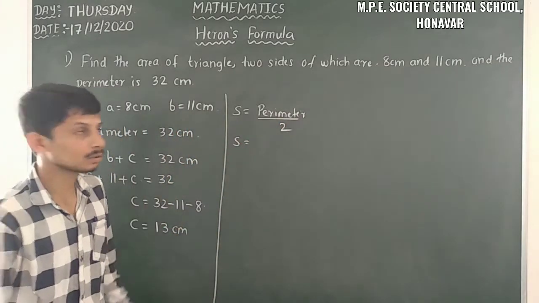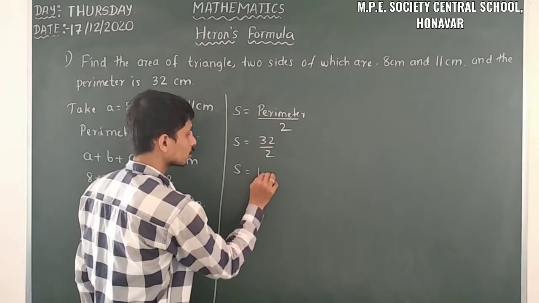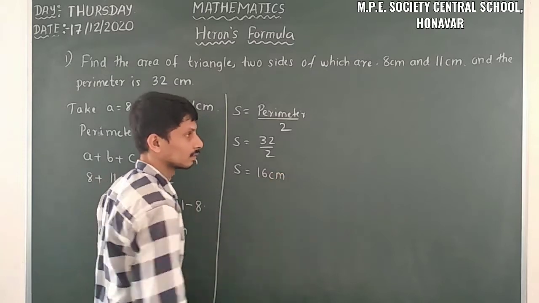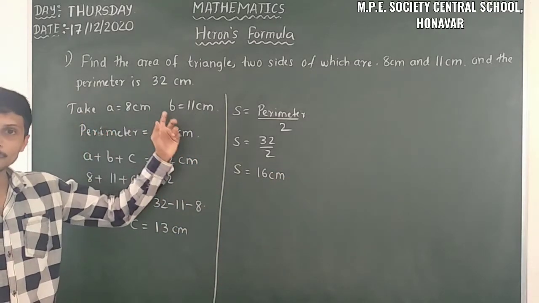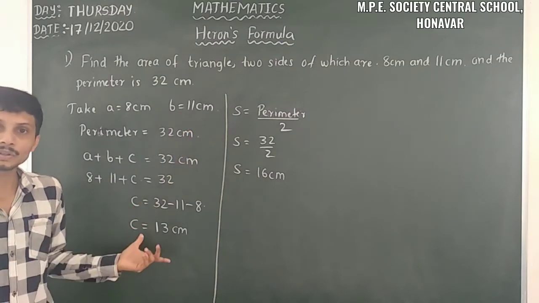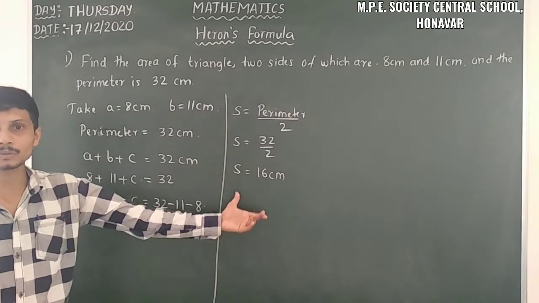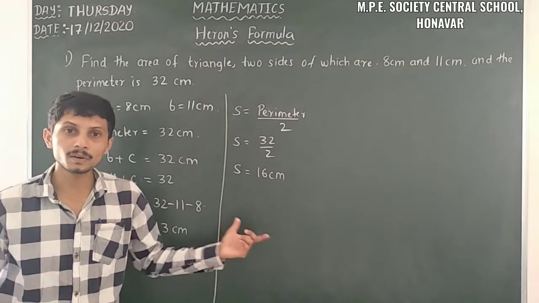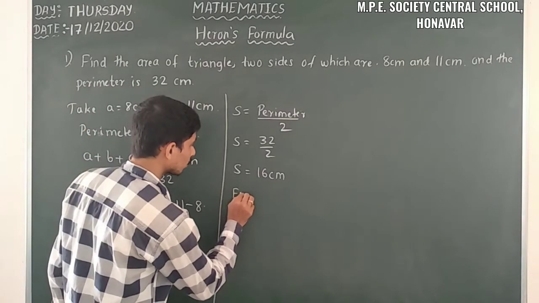It is 32. 32 divided by 2, so the value of S is equal to 16 centimeter. Here we have the value of S, the value of A, the value of B, and the value of C. We can insert these values in Heron's formula to find the area of the required triangle.